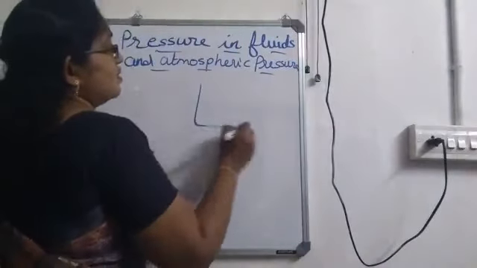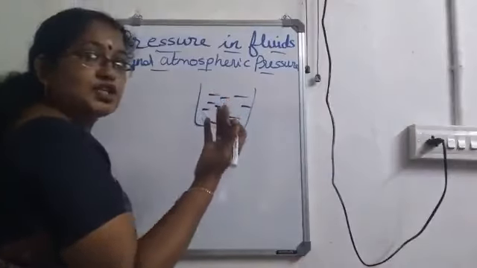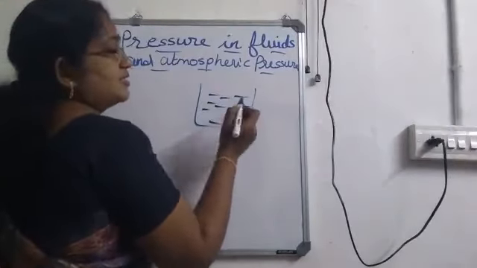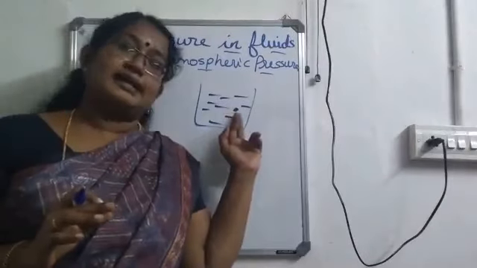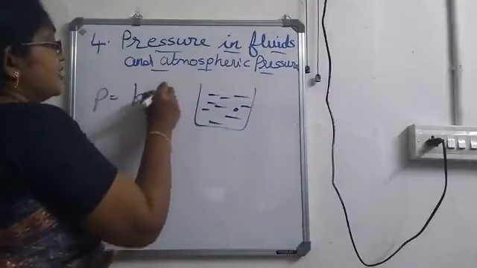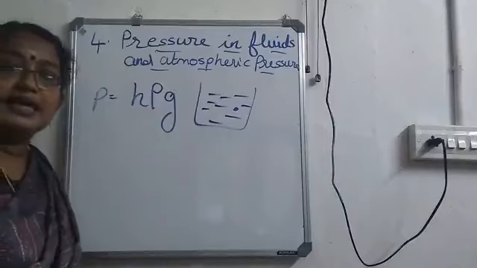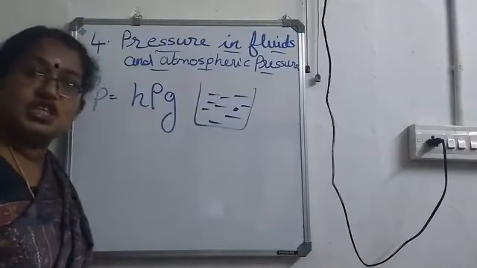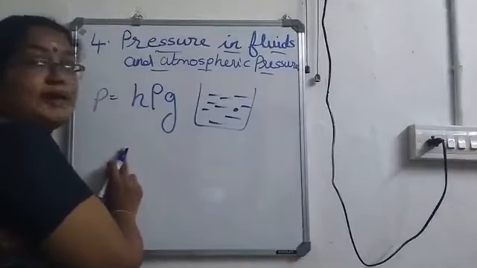So if I am considering a beaker with water, liquids will be exerting pressure in all the directions. If you are considering a particular point, the pressure exerted by a liquid at a point is given by the equation P is equal to H rho G. Okay, P is equal to H rho G, where P is the pressure, H stands for the depth or the height.